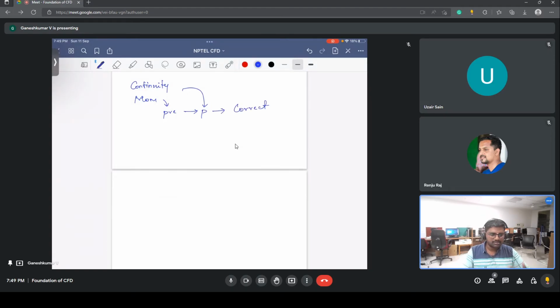So this is like a step by step method. In the coupled method, instead of this prediction and correction, people directly find u n plus 1, v n plus 1, and p n plus 1 in one go. Because you have three equations and three unknowns, you should be able to solve it.